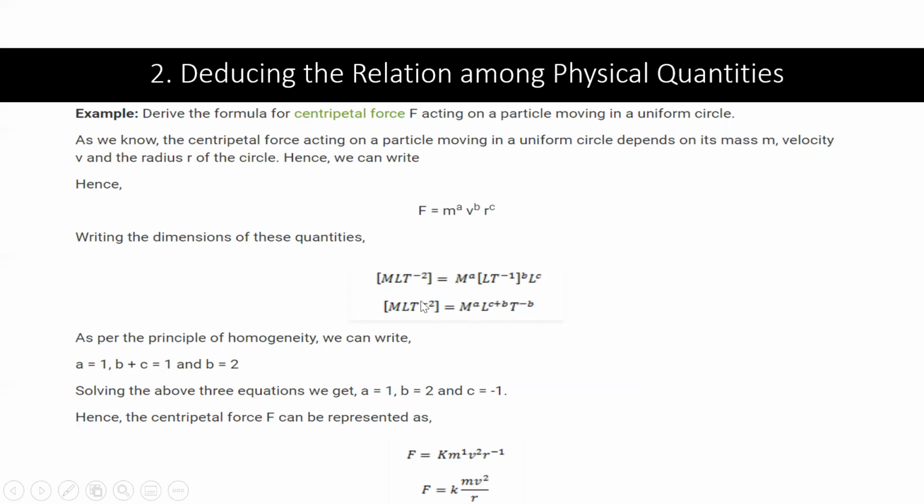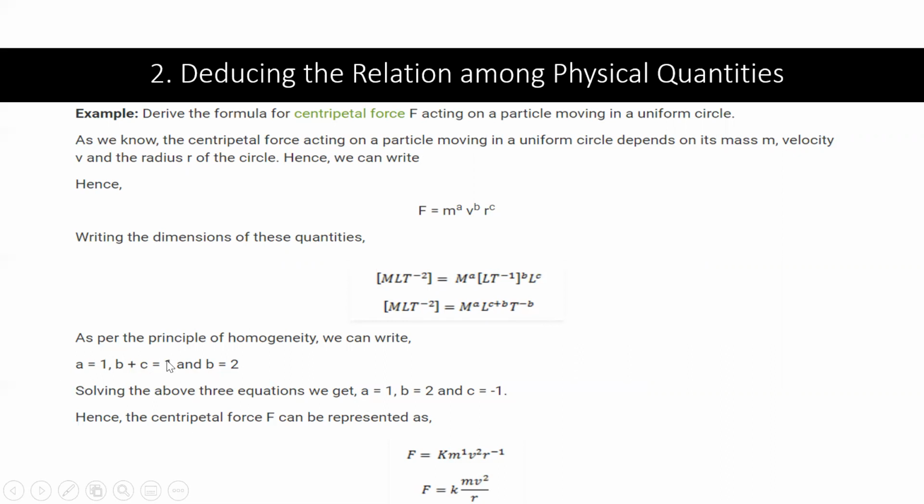Here power of t is minus 2. Here power of t is minus b. So you can write minus b is equal to minus 2. So b is equal to 2. So from these expressions, we can find a is equal to 1, b is equal to 2. Now, if you put b is equal to 2 in this expression, you will get 2 plus c is equal to 1.